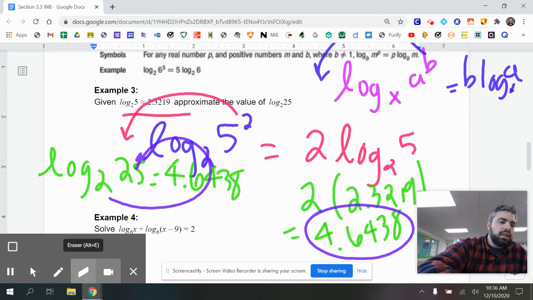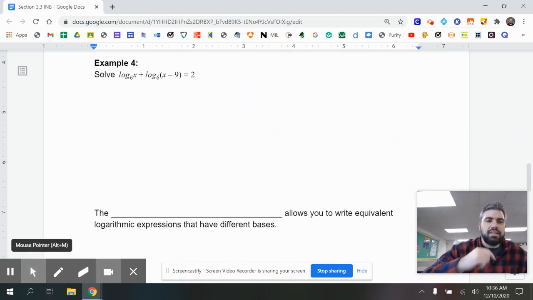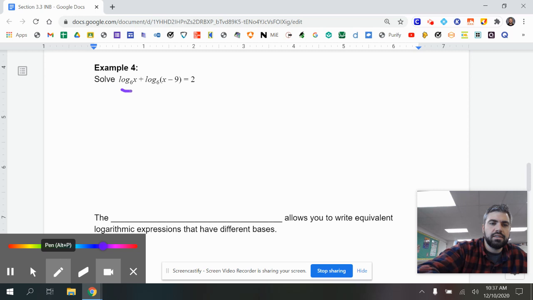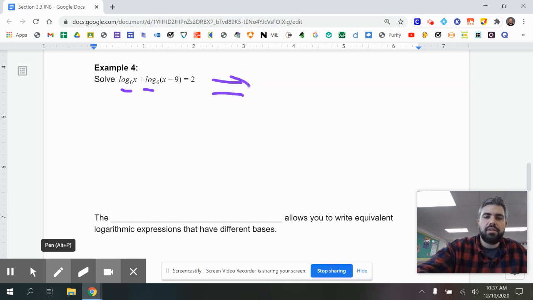Okay, so let's put all of this together in one problem. Example 4. We are asked to solve for x when we have log base 6 of x plus log base 6 of x minus 9 equals 2. I see an addition problem and two log base 6's. So that means I can rewrite it and put it together.